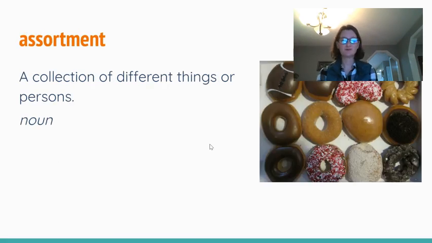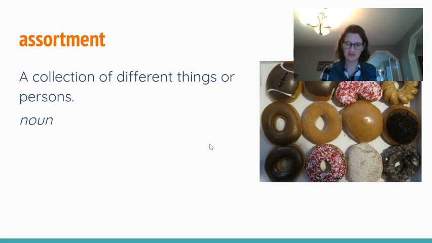Okay, our next word is assortment. And assortment means a collection of different things or persons. And here you can see we have a picture of an assortment of different types of donuts to help you remember assortment. It's a collection of things that are different. And that's a noun. And remember, noun is naming people, place, or things.